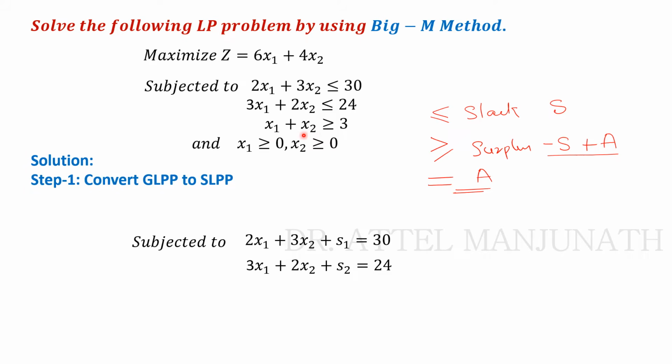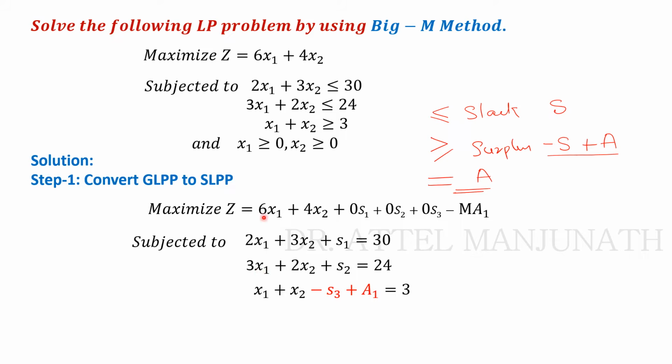But when it comes to the third constraint, x1 + x2 greater than or equal to 3, it is a surplus, so you need to subtract s and add an artificial variable to make it an equality. So x1 + x2 - s3 + a1 = 3. This is the surplus variable and the artificial variable we added in the third constraint. Now add all these slack, surplus and artificial variables in the objective function.